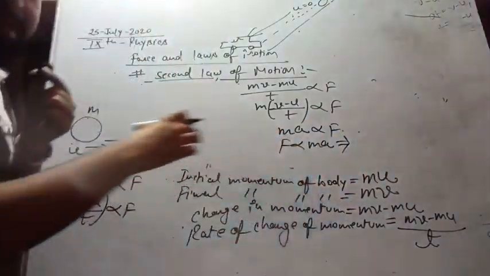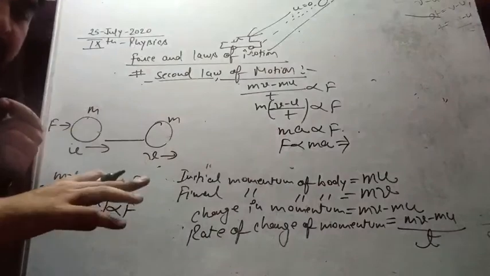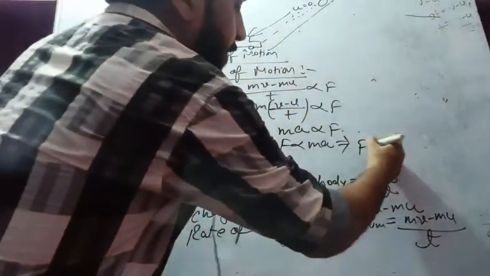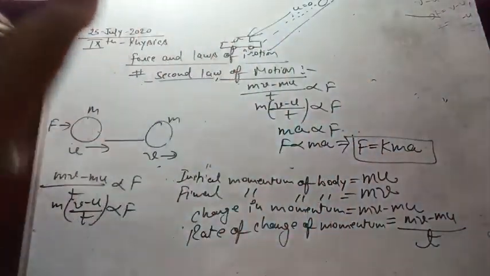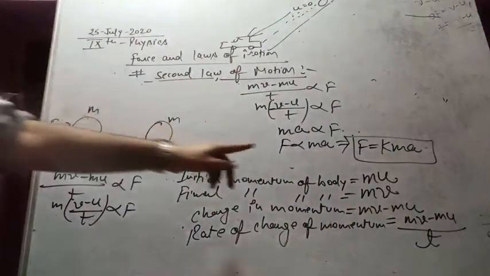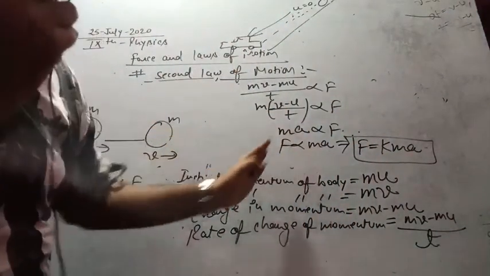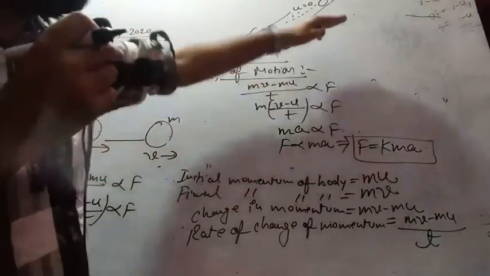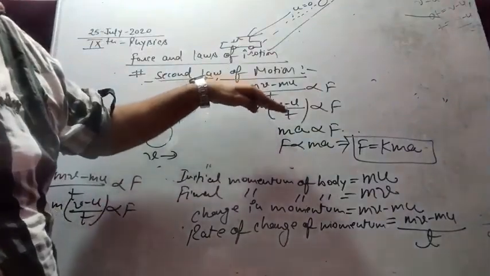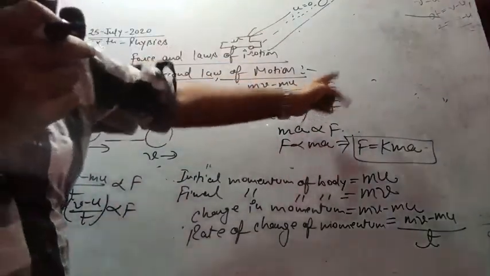Now once you remove the proportionality sign and replace it by equal, a constant will be introduced. This is a rule, you have to understand it. Directly proportional means depending on. It means if you increase the force, the change in momentum will also increase. We are not saying this is equal.